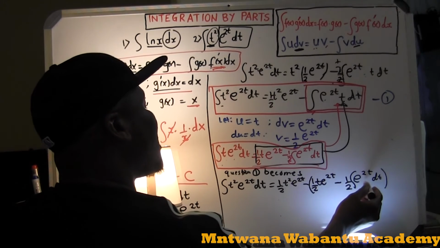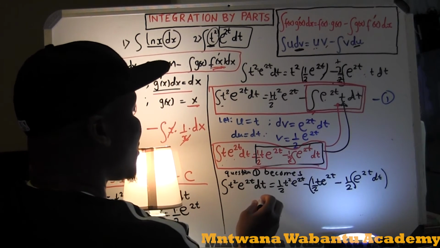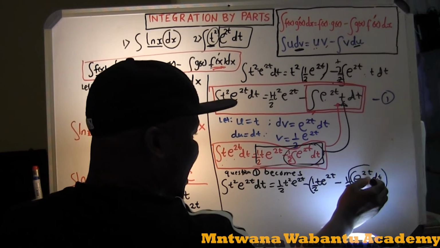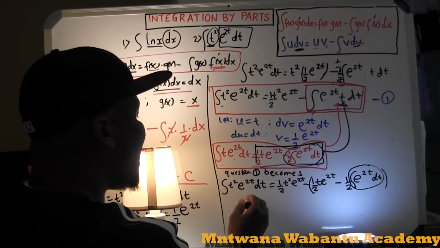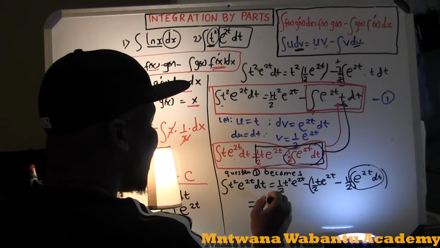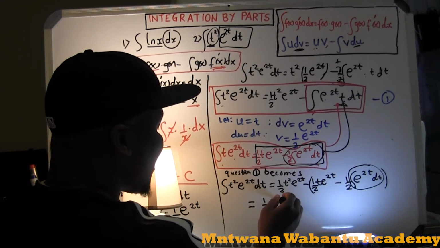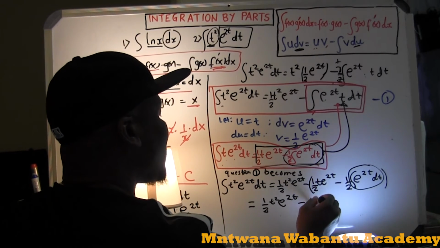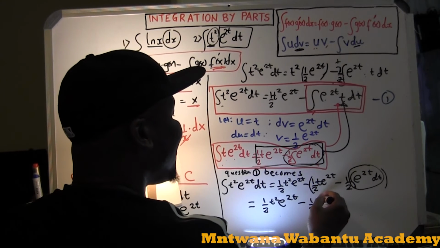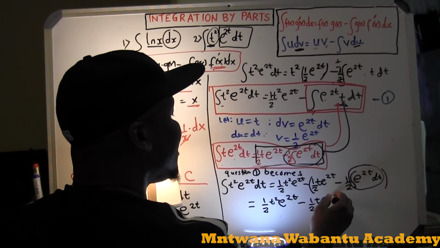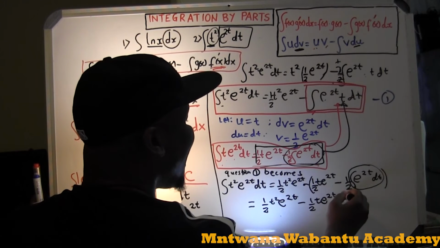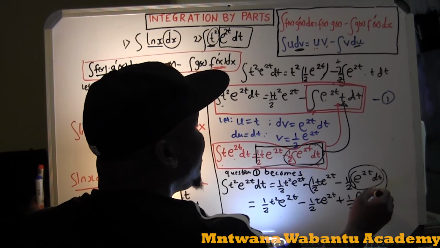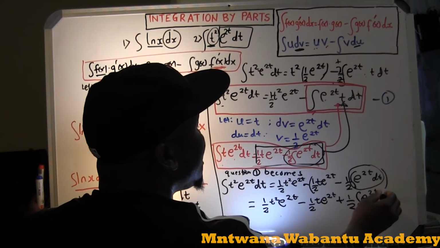But this one we know, because now let's finish that one. This half here we know, and this one we can integrate normally. So now this is finally going to be equal to a half t squared e^t minus a half t e^t plus a half integral of e^t dt.